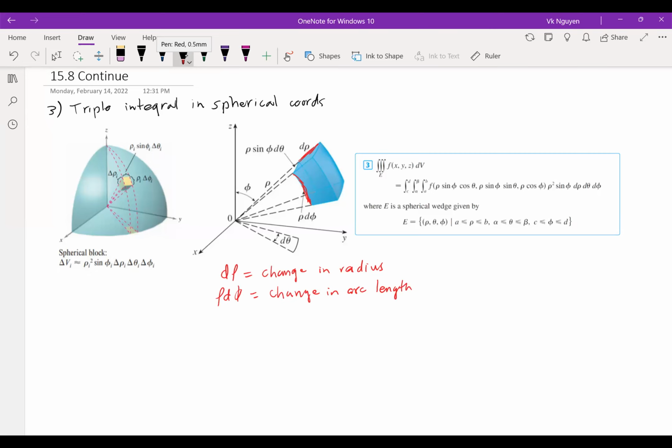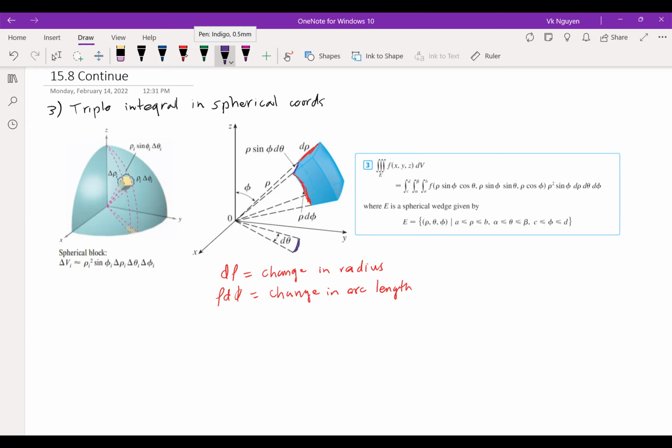Okay. One more, because we have the height, we have the width, and we just have to figure out the length of the width. So one more is going to be this one right here. Okay, so what is that? That is this arc length right here.